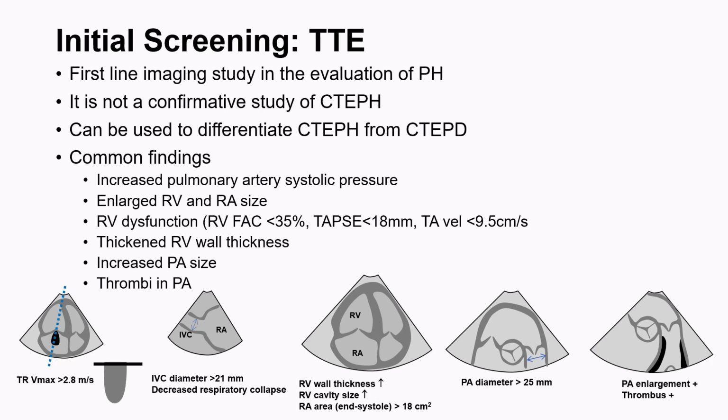It is not a confirmative study of CTEPH. However, it can be used to differentiate CTEPH from other causes of PH. Common findings include increased pulmonary arterial systolic pressure, enlarged RV and RA size, RV dysfunction, thickened RV walls, and increased pulmonary artery size and thrombus in the pulmonary artery.